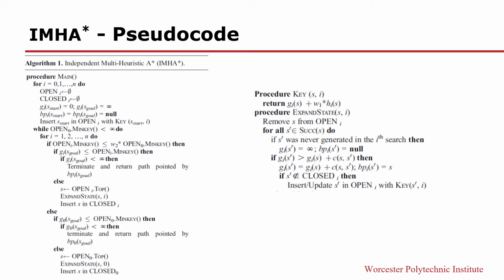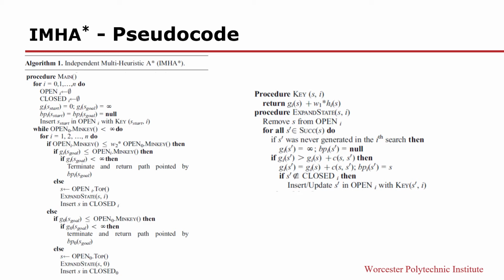It will assign the cost of the start as 0 and the cost of the goal as infinite. Back pointers will be set as null. Then it will add the start node in the queue of every search. Then it will perform a while loop until the goal has been reached or there are no nodes to explore.